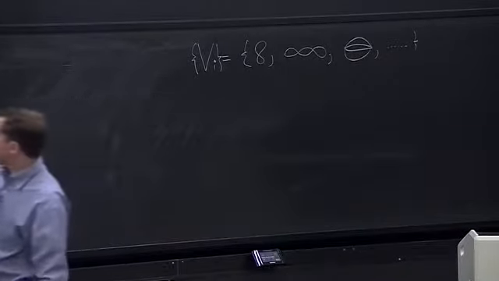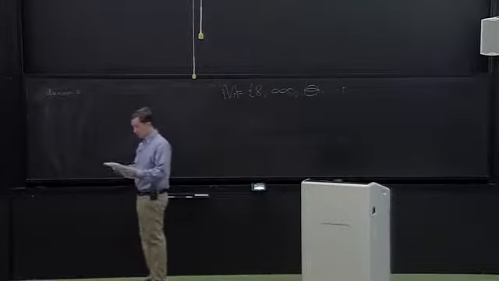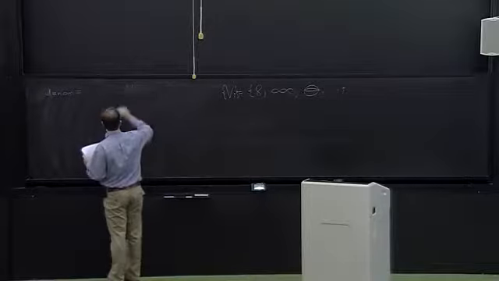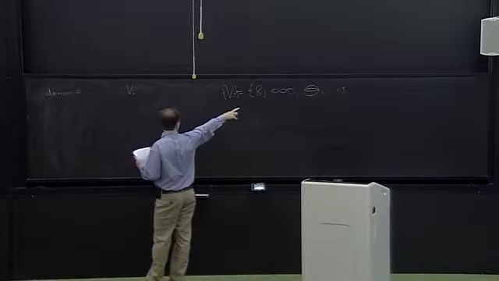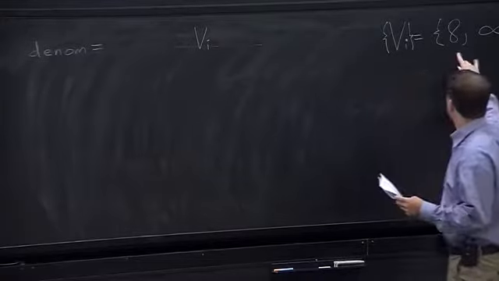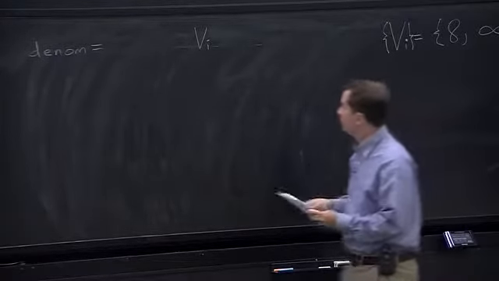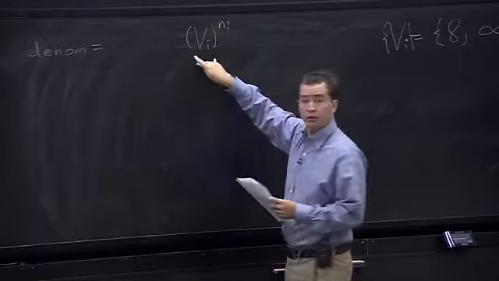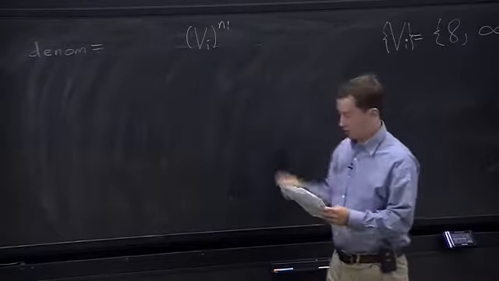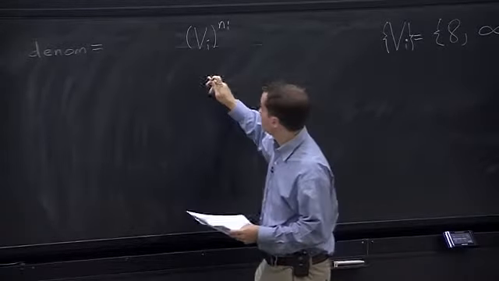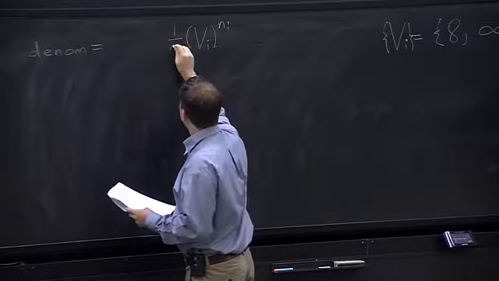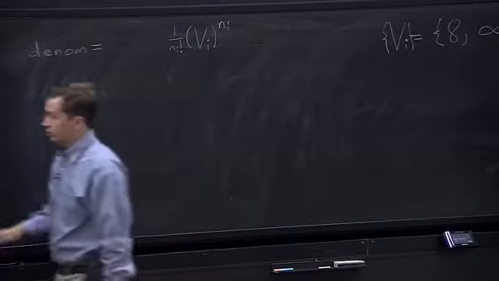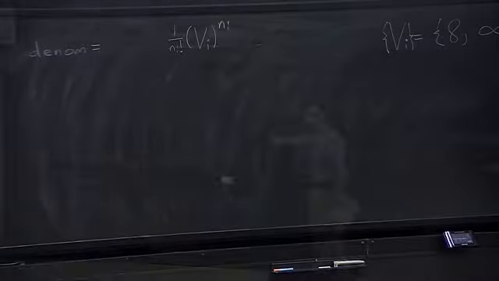And we can write a general term in the denominator as just some number of copies of each of these connected vacuum diagrams. So for instance, we might have n_i factors of the ith vacuum diagram. And if we do, we need to include a factor of n_i factorial for the same reason that we had the factor of a half here.